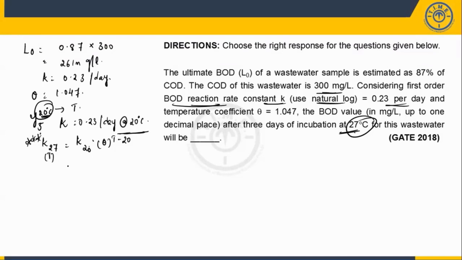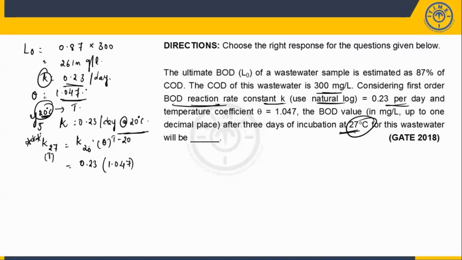So K27 equals 0.23 into theta, which is 1.047, power 27 minus 20, that is 7.